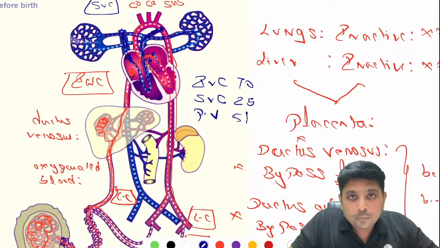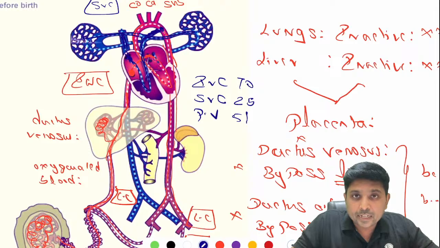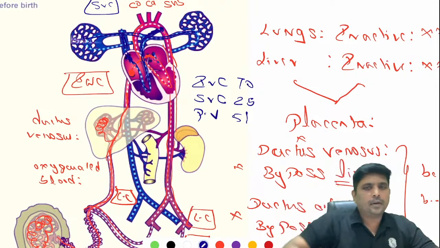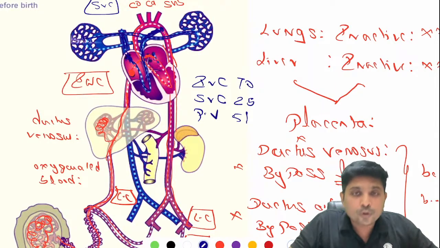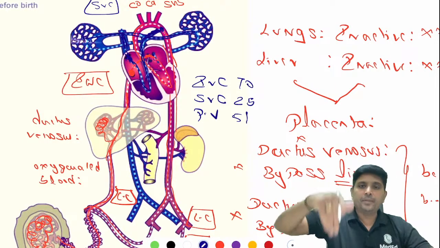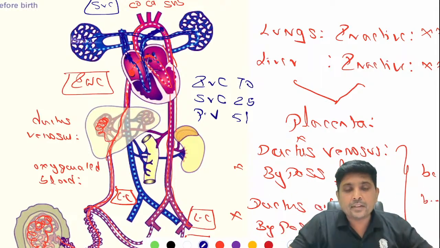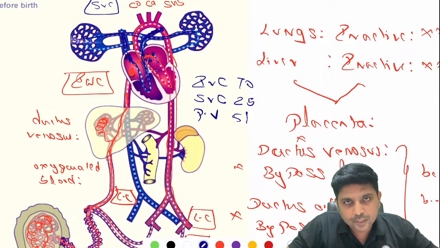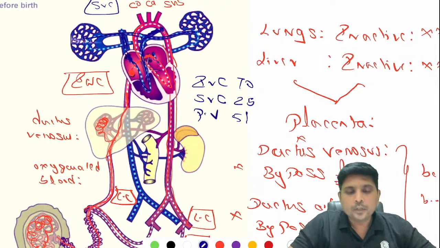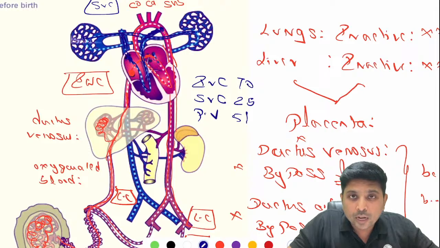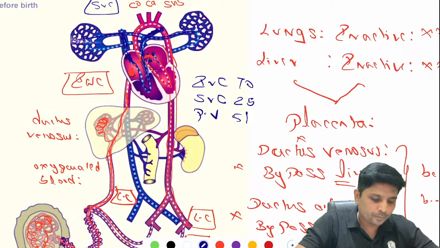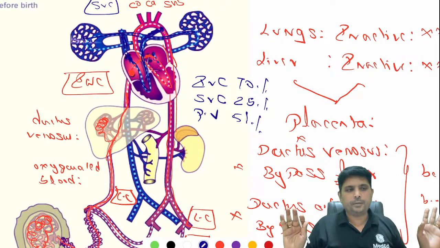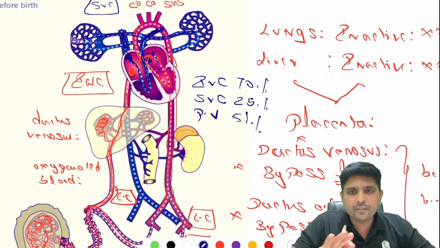Only 10% of the blood from the pulmonary artery reaches the lung, and it comes out through the pulmonary vein and joins the left atrium. So the predominant input to the heart is IVC 70%, SVC 20%, and pulmonary vein 5%. This is very important.